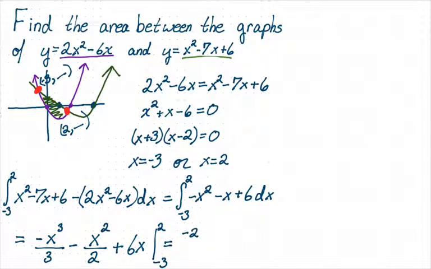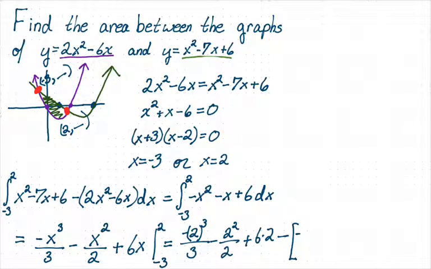That's going to give me negative 2 cubed over 3 minus 2 squared over 2 plus 6 times 2, minus negative 3 cubed over 3 minus negative 3 squared over 2 plus 6 times negative 3.